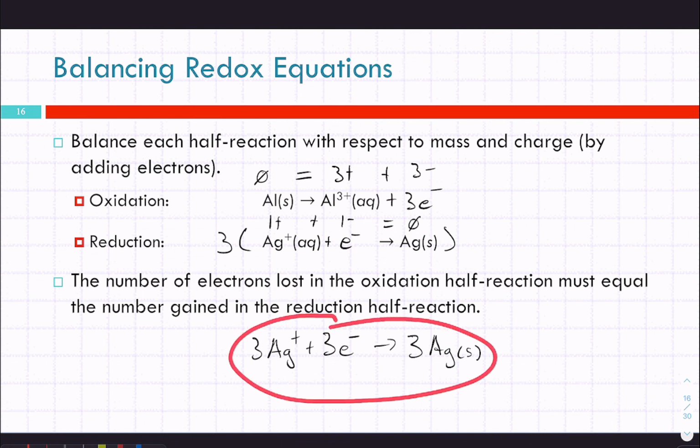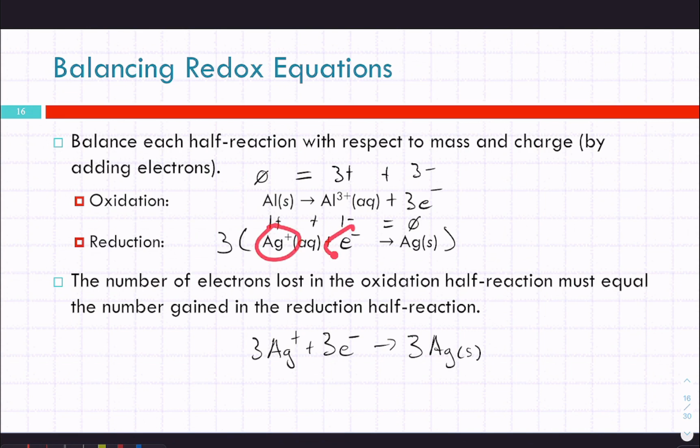We still have the same amount of atoms on each side. But even just thinking about this as, if this aluminum is going to lose 3 electrons, those 3 electrons have to go somewhere. And in this reaction, silver is only gaining 1 electron. So we need 3 silver atoms to gain those 3 electrons from aluminum so that our final reaction is balanced.